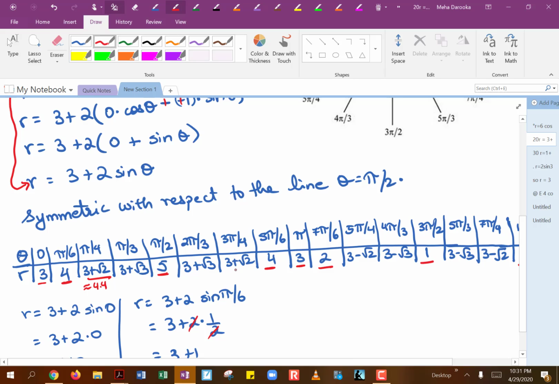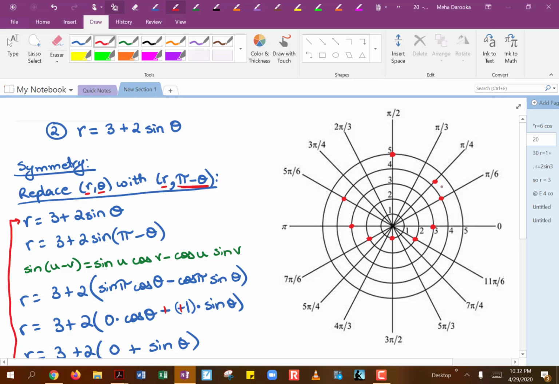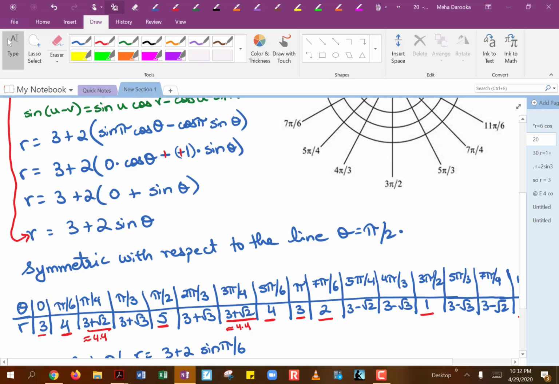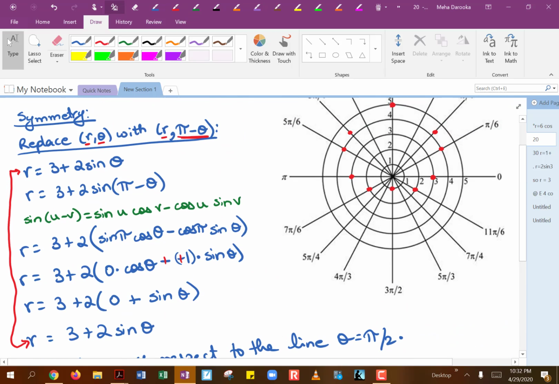We have another right here: 3 plus square root of 2, also approximately 4.4, at 3 pi over 4. So about 4.4 over here, a point right there. At 5 pi over 4, we have 3 minus square root of 2, which is approximately 1.6. So 5 pi over 4 is at 1.6.